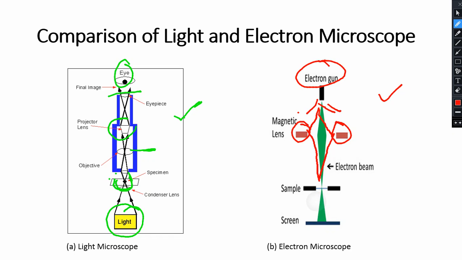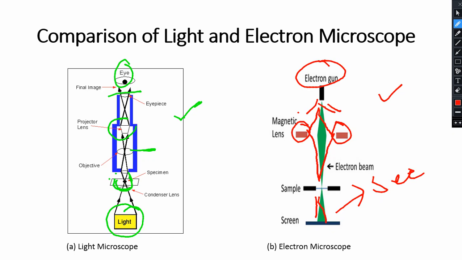Once it passes the sample, the image is produced on this screen and the person can see it here. So this is the main difference between light and electron microscope.